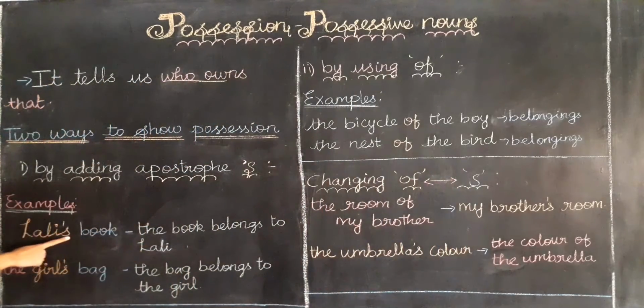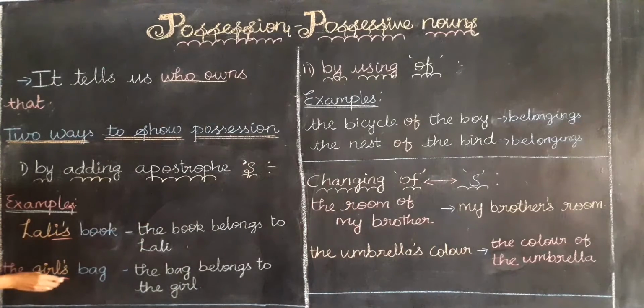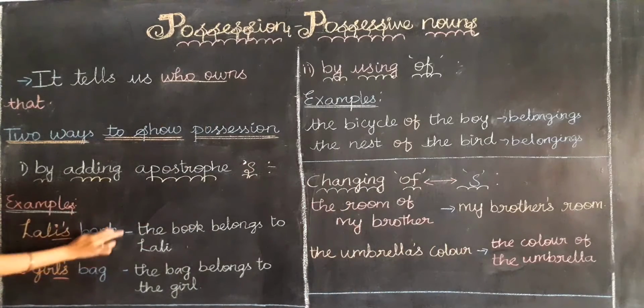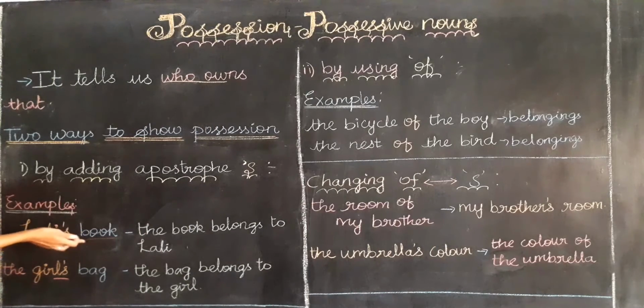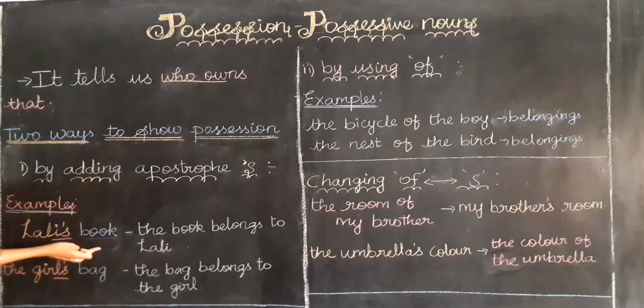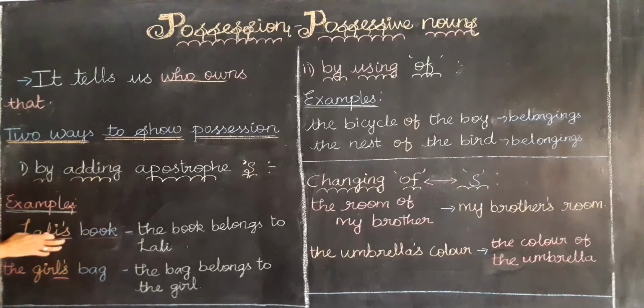We need to add apostrophe s after the noun to show the ownership of the thing. If there is a ball, how can you say? Lali's ball, Lali's eraser. Whatever things belong to Lali, we can say by adding apostrophe s.